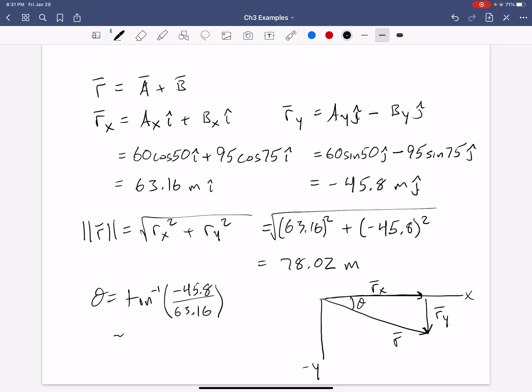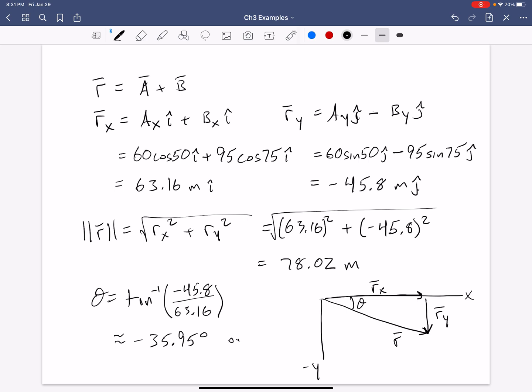Right? And hopefully it's a negative number. I got negative 35.95 degrees. So you could put a negative and stick with that angle convention as counterclockwise being positive, clockwise being negative, right?